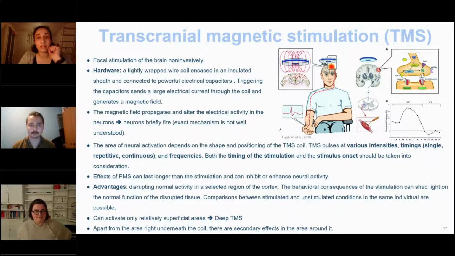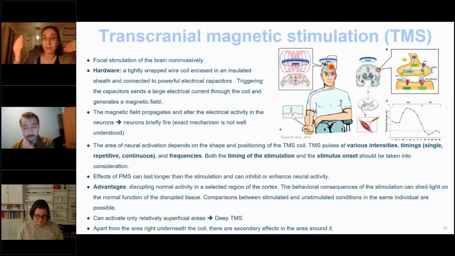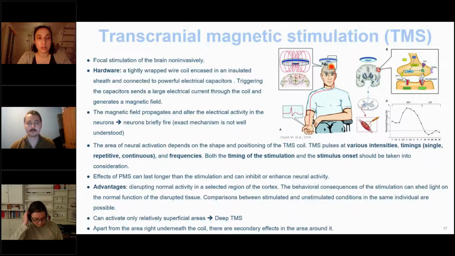For example, we can stimulate at various intensities and different timings. We can have continuous stimulation, repetitive, or different frequencies. And when we do an experiment, we should take into consideration both the timing of the stimulation and the timing of the task. So there's a lot going on, a lot of research, and it's very promising.